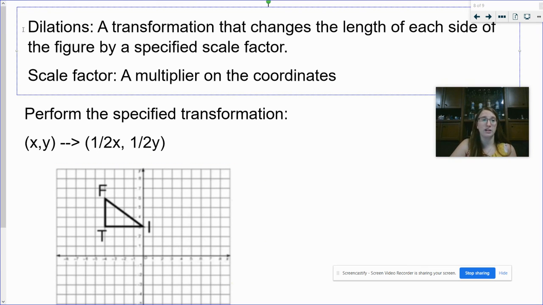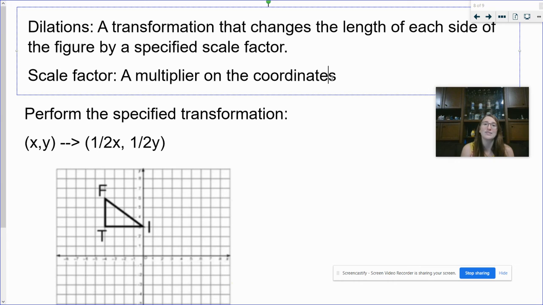That's what this is talking about here. A dilation is a transformation that changes the length of each side of the figure by a specified scale factor. And this is what the scale factor is, a multiplier on the coordinates. So this is like saying I am doubling the size of your pupil. The scale factor is 2, right?